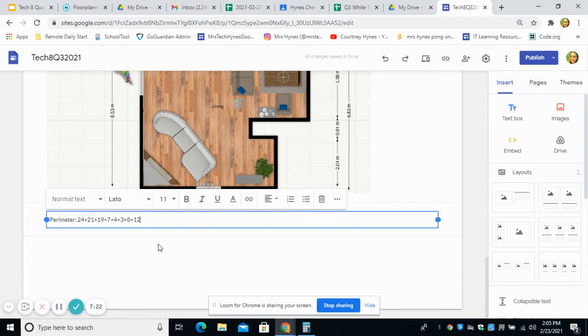And that equals 98 feet. Awesome. So please include the perimeter of your design, and you can include it there.